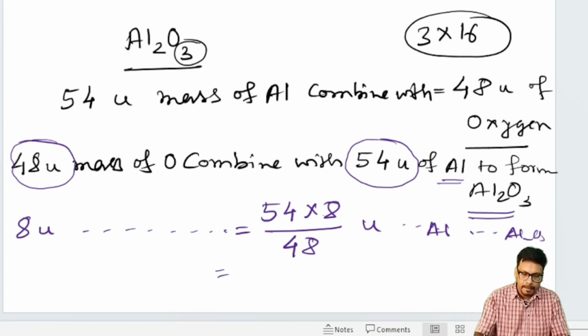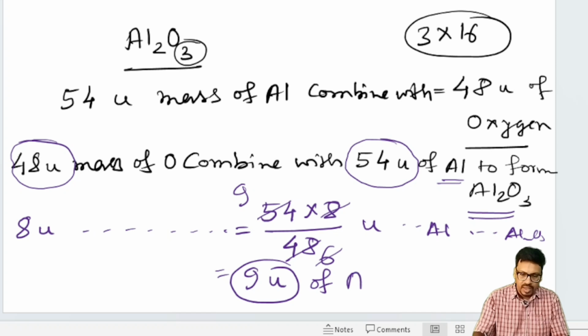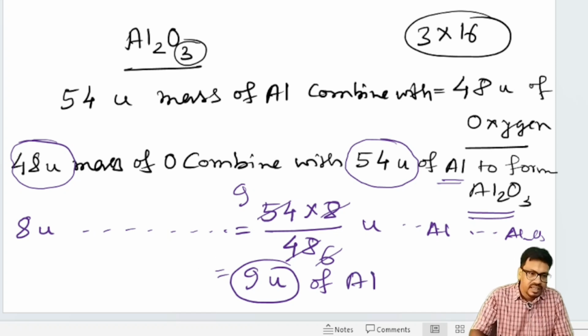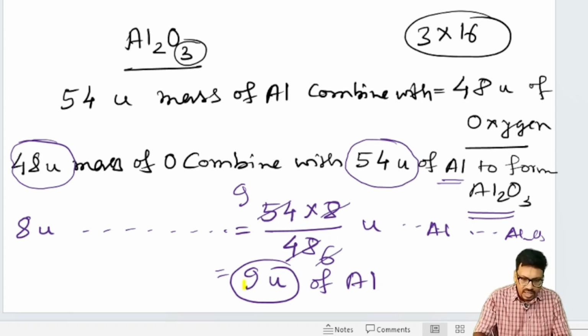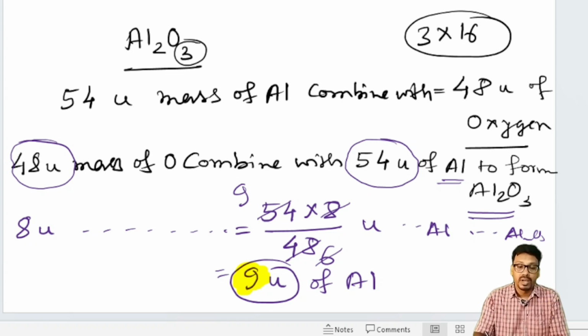So here this is 6 and this is 9. So 9 U of aluminium. So here the equivalent weight of aluminium is 9. According to the definition, we can conclude that the equivalent weight of aluminium is 9.